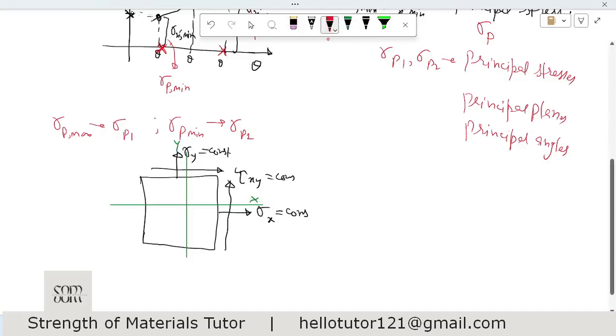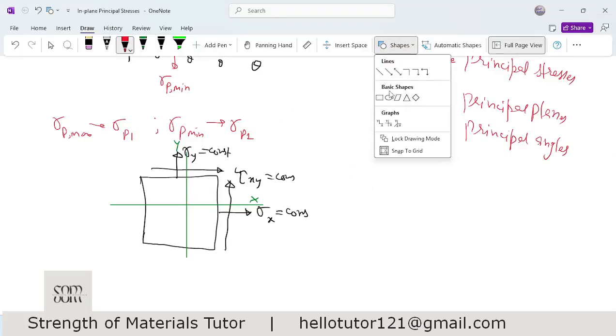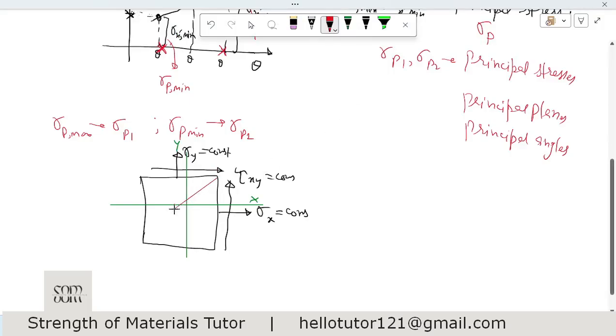Okay, and then if we have some plane, for example this, and if we rotate it, let me also draw their stresses.